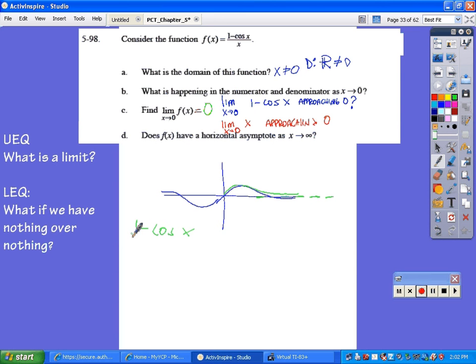So you're always getting a number between 0 and 2, and you're always dividing that number by infinity. So by dividing by a really gigantic number, you're always going to get a number really close to 0. It's always approaching that value no matter how far away you go, which is why we have the horizontal asymptote as x goes to infinity. And I believe that's it.